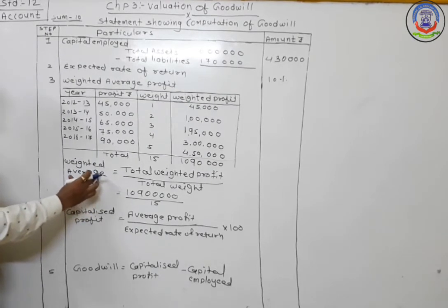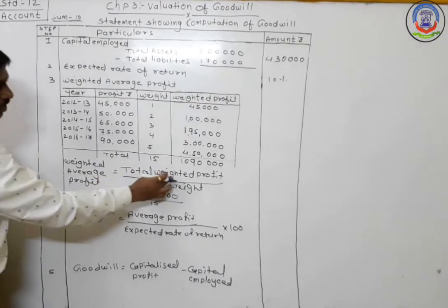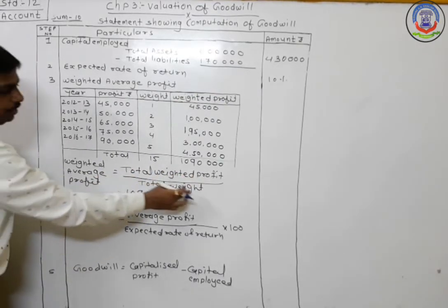Now weighted average profit equals total weighted profit divided by total weight.